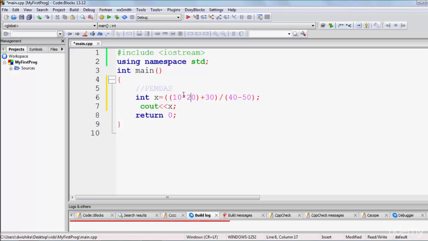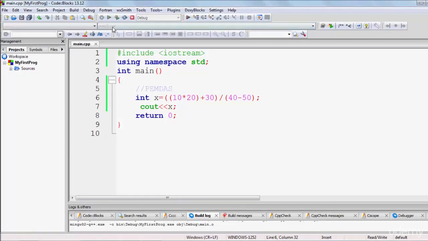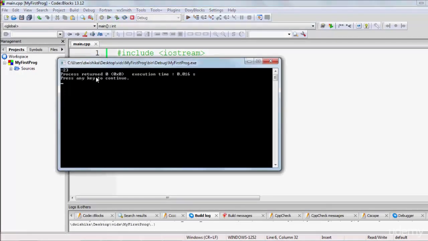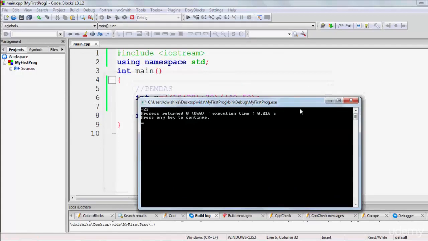So now whenever you see it, you know that the multiplication of these two numbers will happen first, and then whatever the product is, it will be added to 30, and then the subtraction, and whatever the result of the numerator is, it will be divided by this. Okay, and now when you build your program and run it, it will give you the answer.